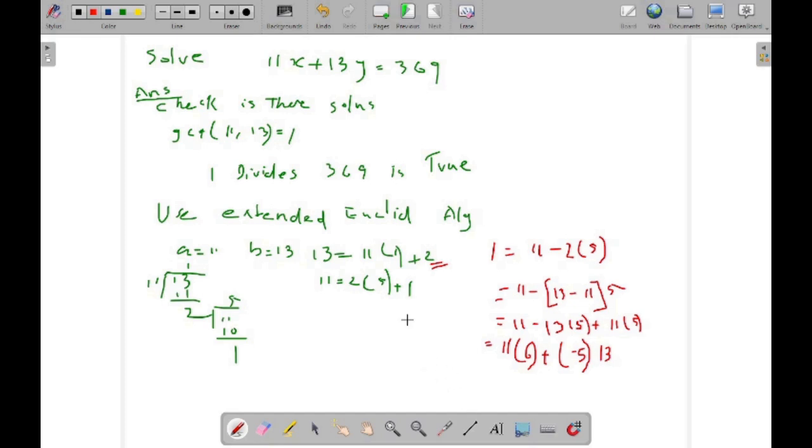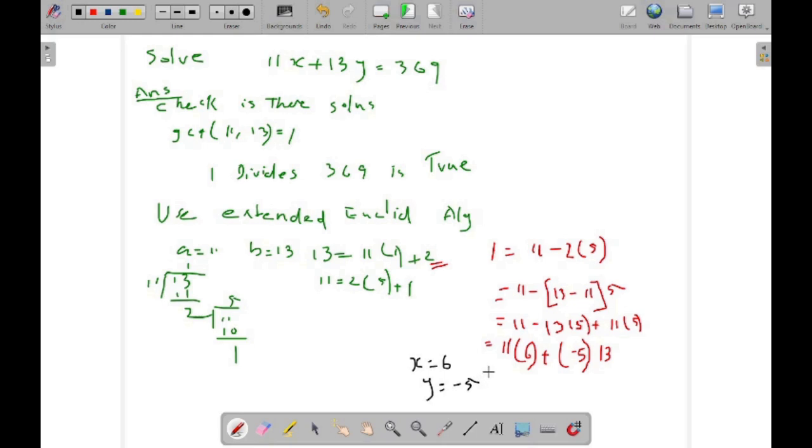So we have x equal to 6 and y equal to minus 5.